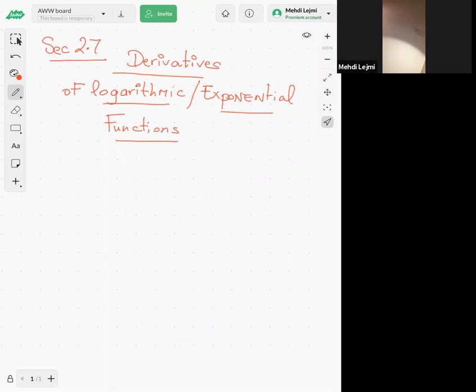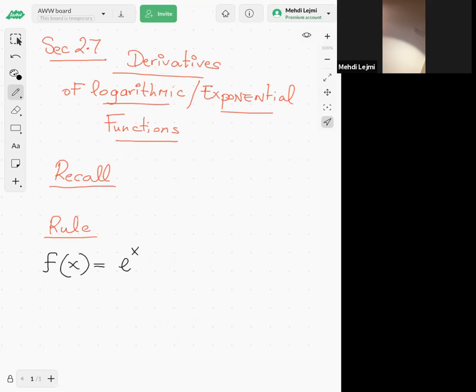We had the following rule: if you have f of x equal to e to the x, this is the exponential function with base e. Again, e is a special number, approximately 2.71.